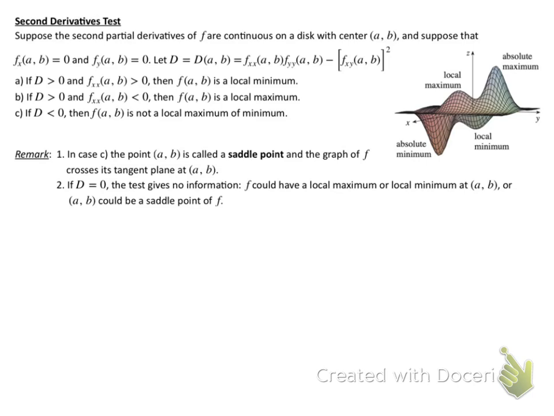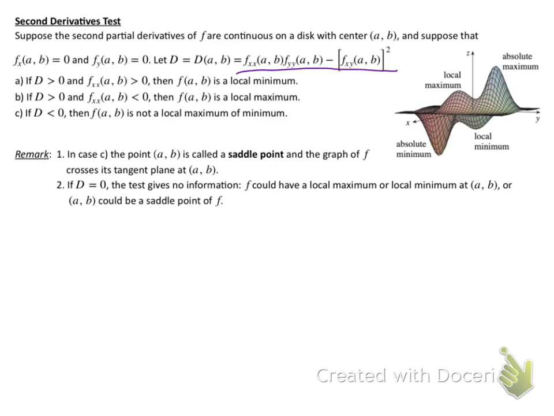What it says is, if you have both f sub x and f sub y being 0, which is the first kind of your critical point, not the non-existing kind, then we can decide whether it gives you a local minimum or a local maximum or neither by computing this thing.